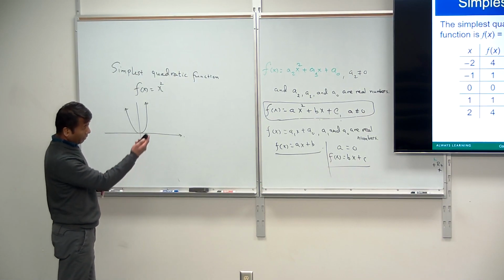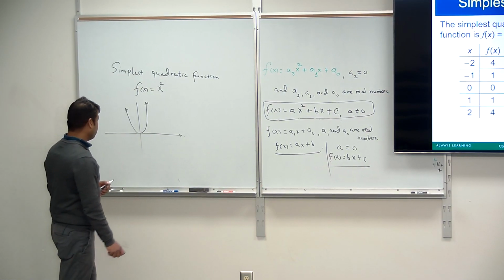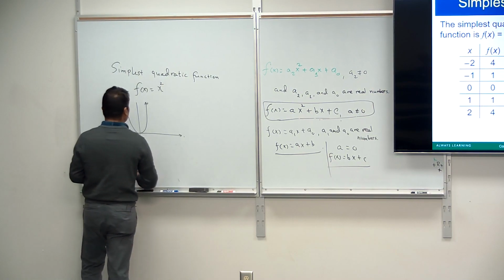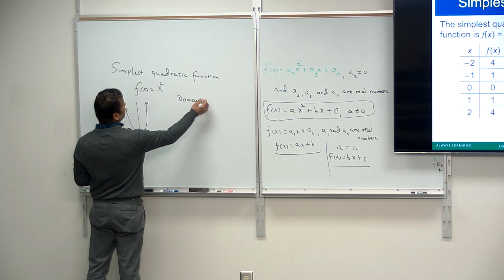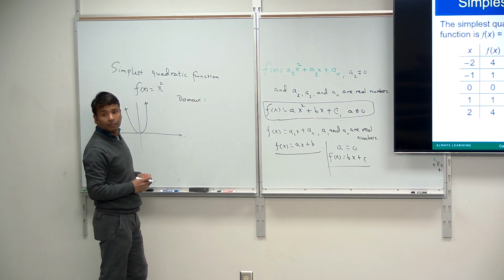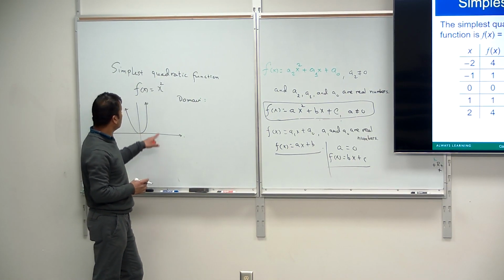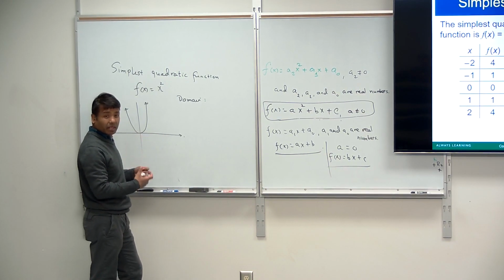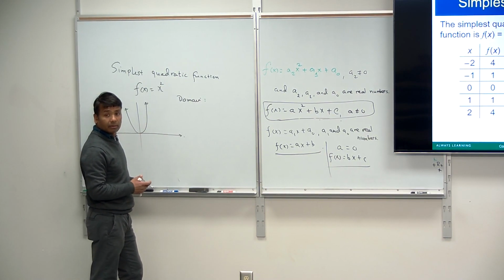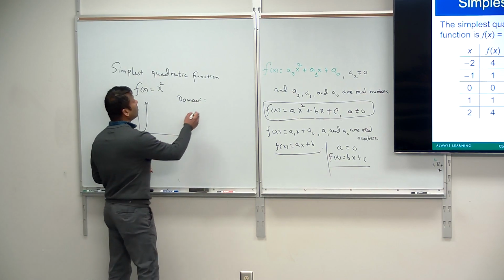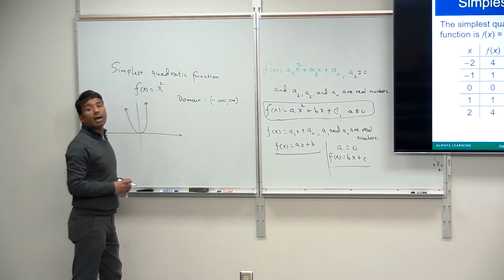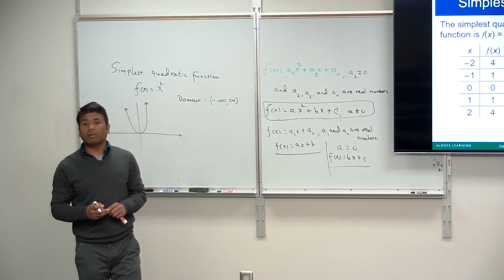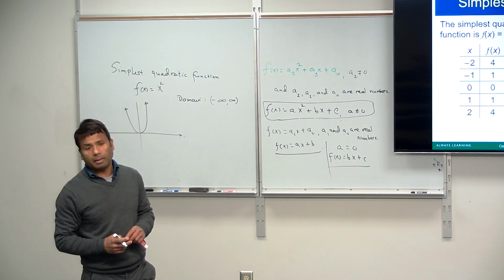And then you see the graph is right over there. If you want to find the domain, what is the domain of this parabola? Yes, negative infinity comma positive infinity. Every quadratic function has the domain negative infinity, comma positive infinity.